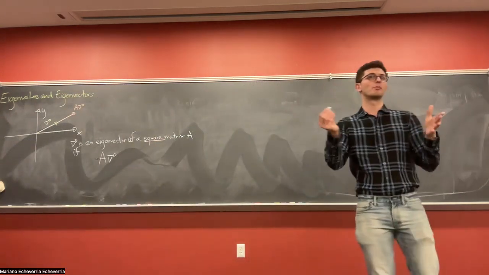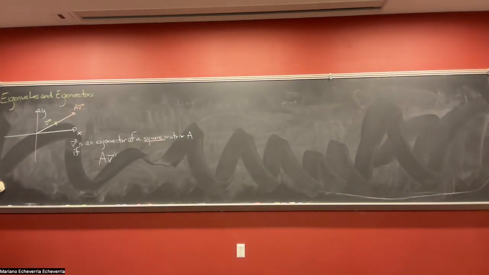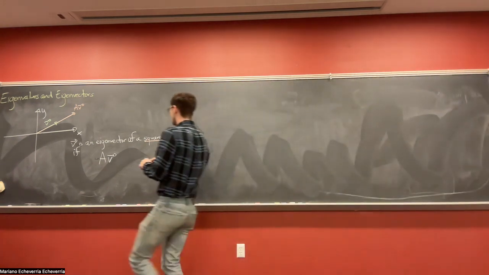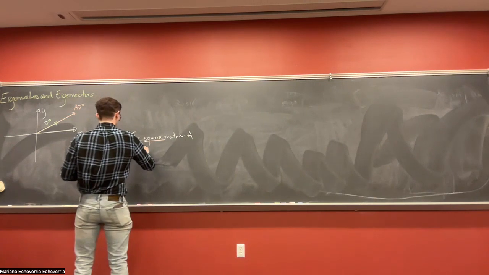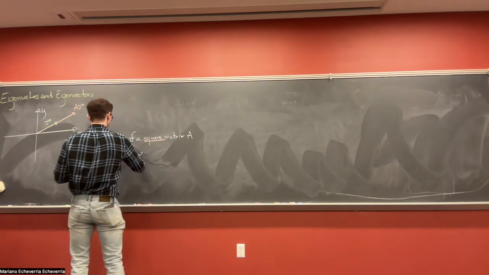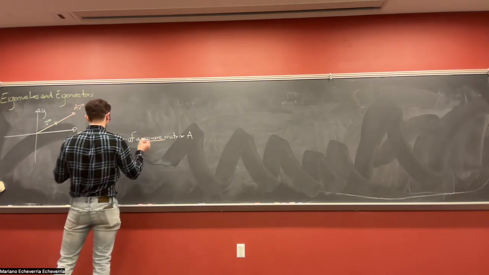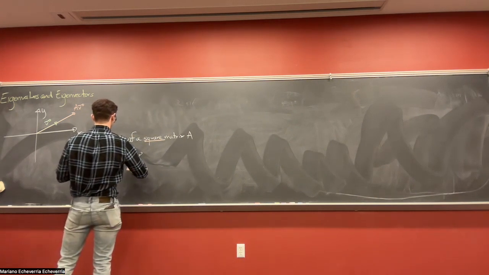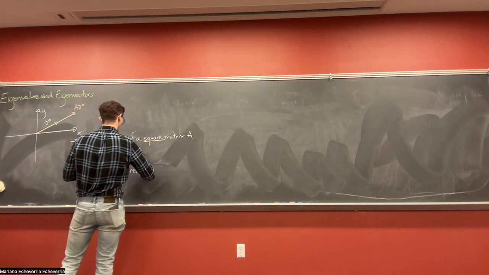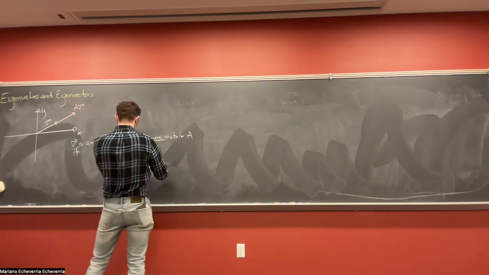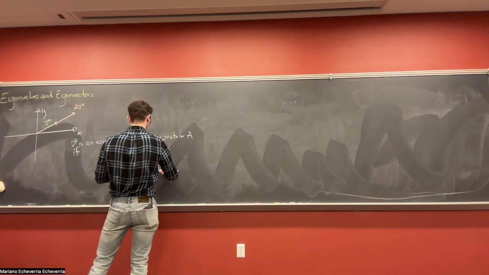It just means that one is a multiple of the other, one is a rescaling of the other. So you say that Av equals the original vector times a rescaling, and this rescaling is what's called the eigenvalue. Here is lambda, that's the usual name for this. It's called the eigenvalue.